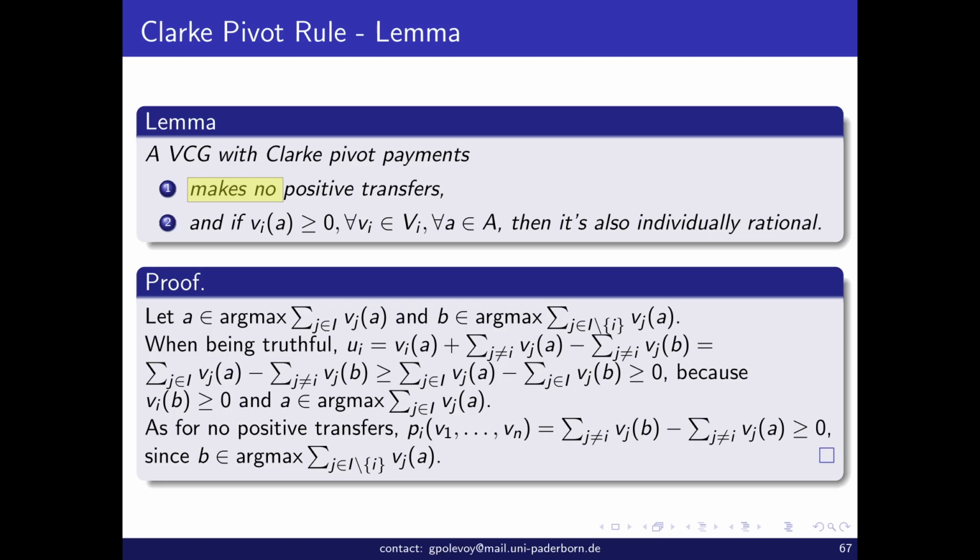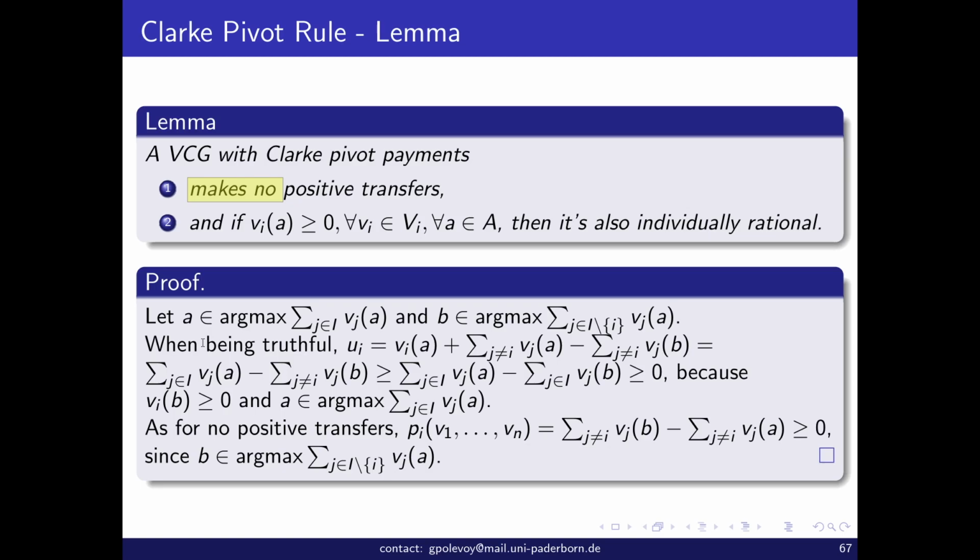You don't always have to use this Clark pivot rule, but it's a nice thing to have. Now, another thing is this individual rationality, it's always at least as good for you to tell the truth, if your value is non-negative for any option.